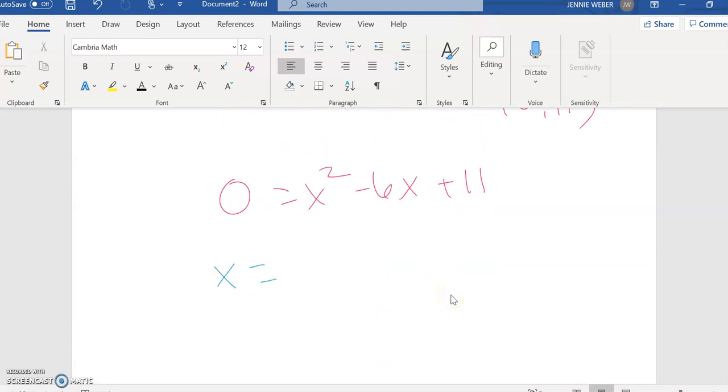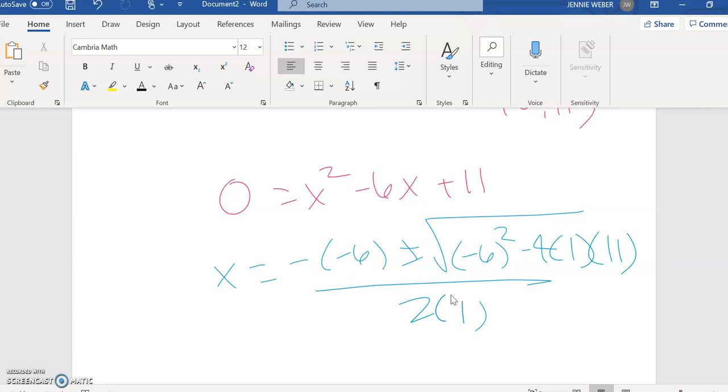But I can check that by going negative b plus or minus the square root of b squared minus 4ac all over 2a. When I work under there, I get 36 minus 44, and I'm going to get negative 8. That's an imaginary number, so this is why there are no x-intercepts.